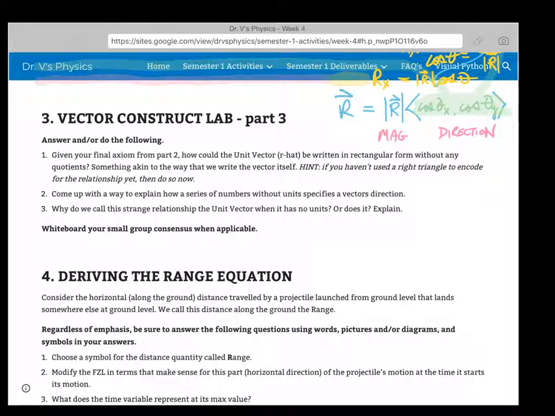If I took a 3 meter x component and a 4 meter y component, their magnitude isn't 7. Their magnitude's 5, isn't it? So they add up in a very weird Pythagorean way. So the sum of the parts is the whole, but the parts are constrained in a weird way. They're constrained by a right triangle. Okay? Now, what I didn't put on here, but it's part of your simulation lab, and we'll probably try to update that.